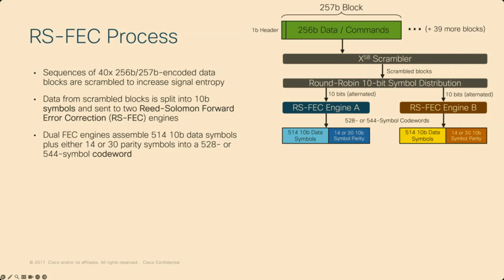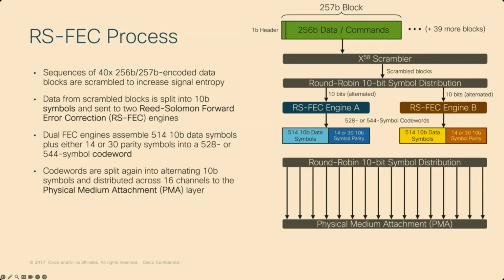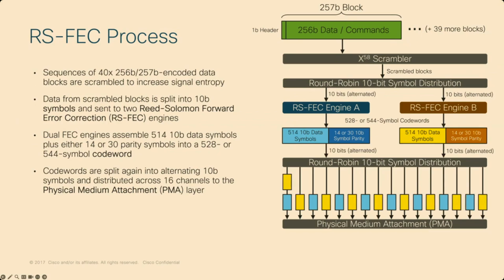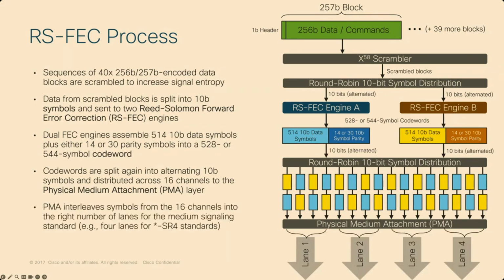So once we have those code words, what we then do is round robin distribute those symbols on 16 channels to what's called the physical medium attachment layer. And basically we alternate those bits across those 16 channels. And the physical medium attachment layer is responsible for translating that into the number of lanes for that signaling type of media.